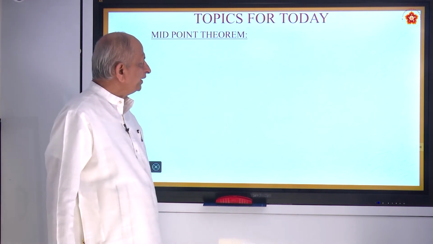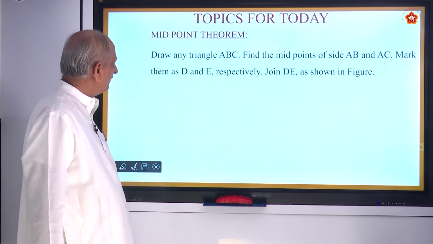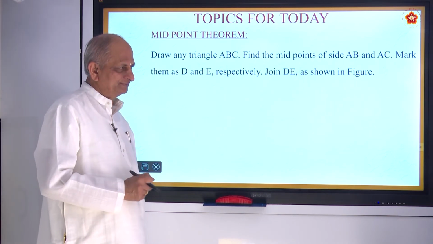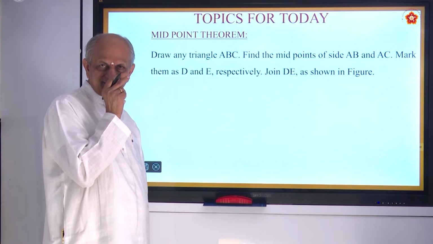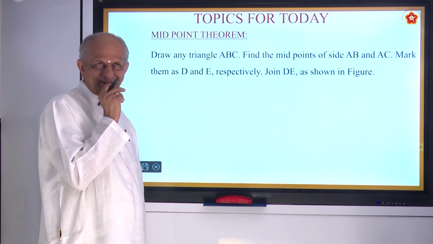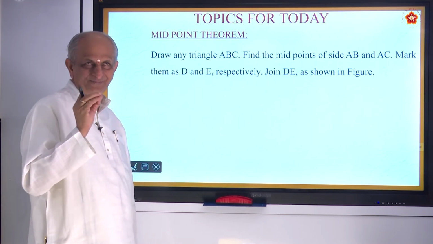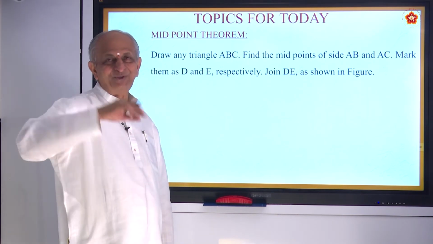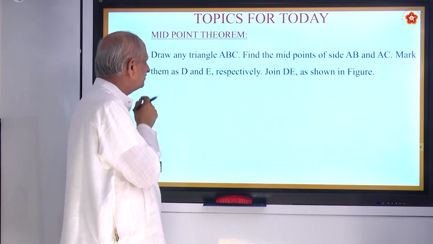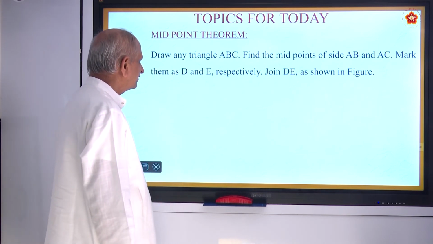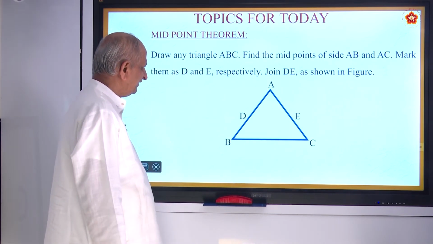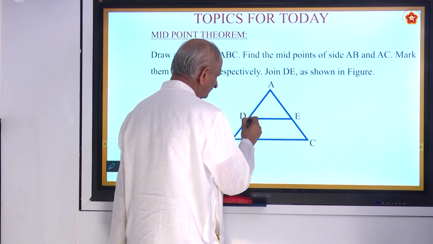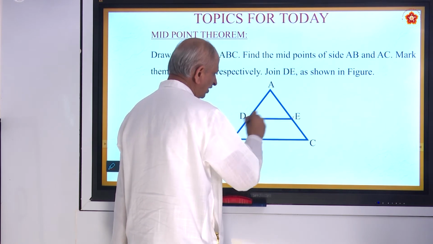Now, let us see today's topic, that is called the midpoint theorem. Mid means what? You might have seen hotels. Mid highway hotel means middle of the two cities. So also in a triangle, suppose you have a triangle ABC, D and E are called midpoints, and the line joining them.